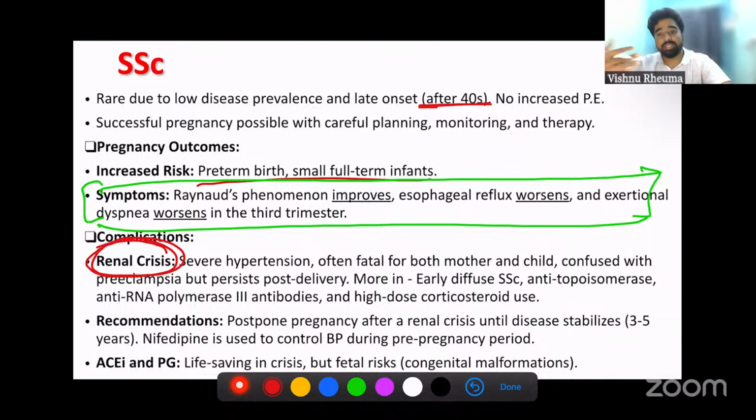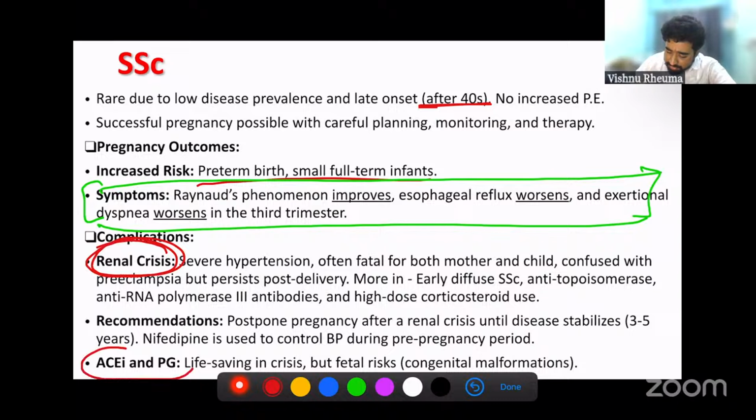But if the patient has conceived, then it is a very, very poor prognosis. Still, if you want to try, you basically have to control BP strongly. If it is before pregnancy, you can give nifedipine and control BP nicely. Or if it is active renal crisis in pregnancy, then obviously you have to give hydralazine, prazosin, and beta blockers, which are recommended for control of hypertension in pregnancy.